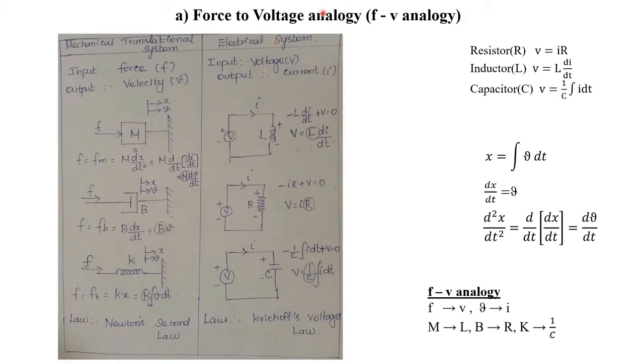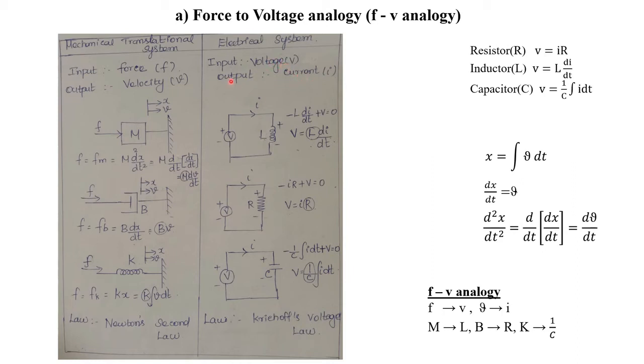Voltage, because we are considering force to voltage analogy. The output for the mechanical translational system will be the rate of change of displacement, not the displacement, that is represented by velocity V. In the electrical system, the output will be current because we considered the input as voltage V.